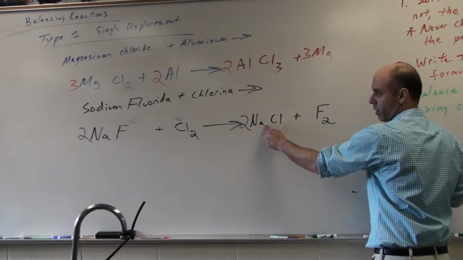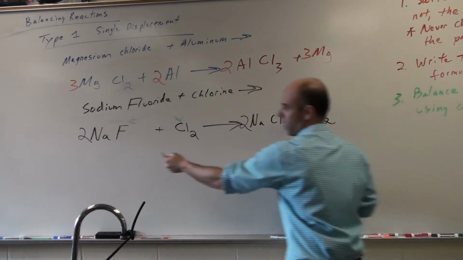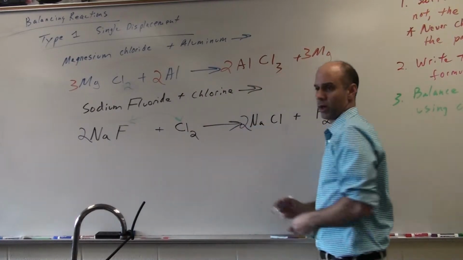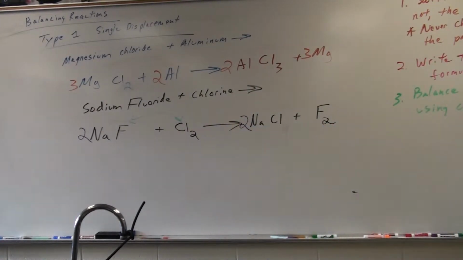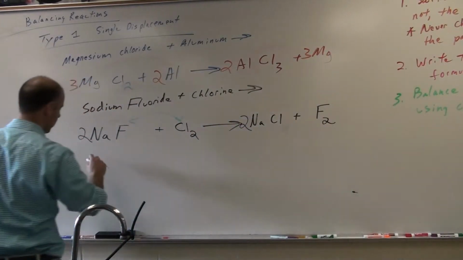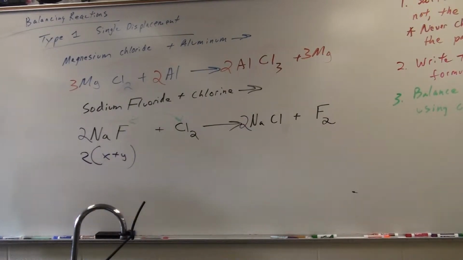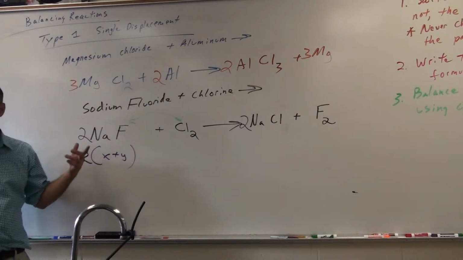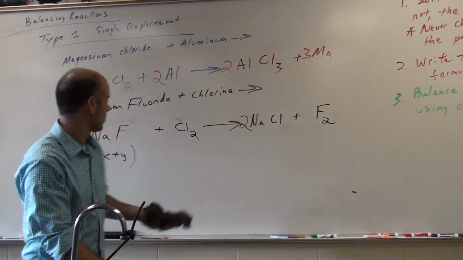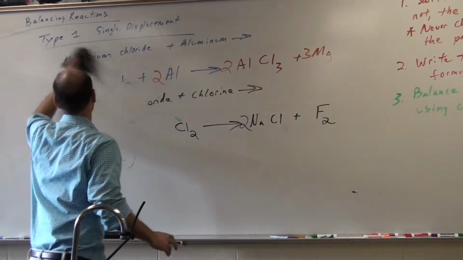So that gives me 2 sodiums, 2 chlorines, and I have 2 sodiums over here and 2 chlorines. The 2 is distributed to the fluorine as well. It's just like in math. You don't need parentheses, not in chemistry, but I'm just saying it's like math, that is distributed to both things. So that's single displacement.